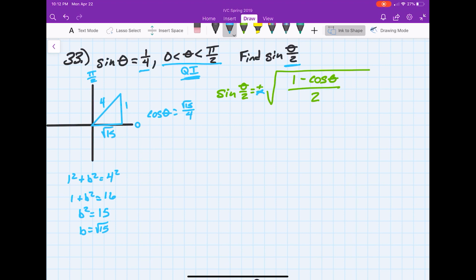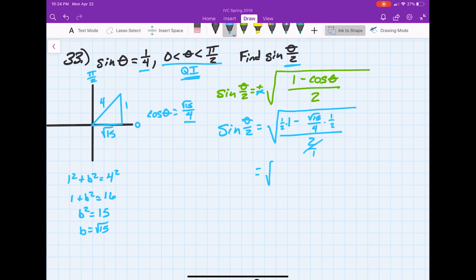So sine theta over 2 is equal to the square root of 1 minus the square root of 15 over 4, which we found over here, divided by 2. So that would be 2 over 1. We'd flip them over, multiply by the inverse, but we'd have to multiply both of these items. The 1 and the square root of 15 over 4 both have to be multiplied by the 1/2.